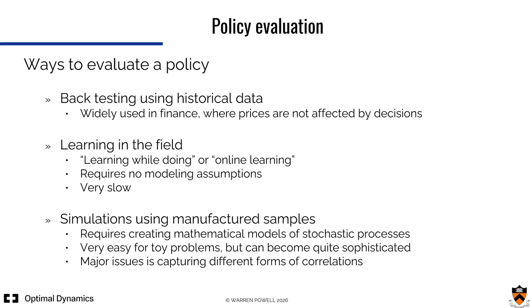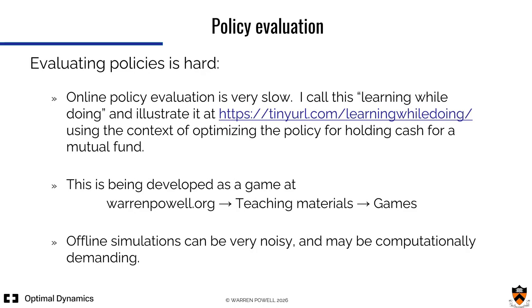This can require some fairly sophisticated mathematics, but if you can build such a model, then it allows you to do simulations, even if the decisions have an impact on the exogenous information. You can do lots of simulations and capture that impact. So evaluating policies is hard.